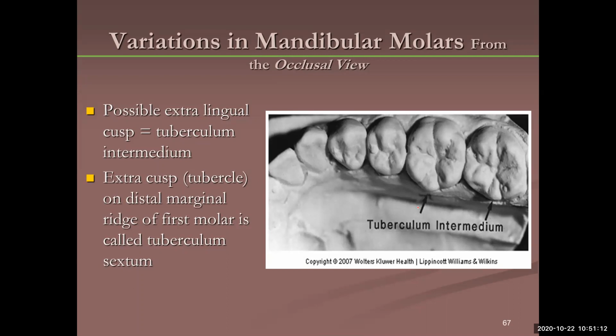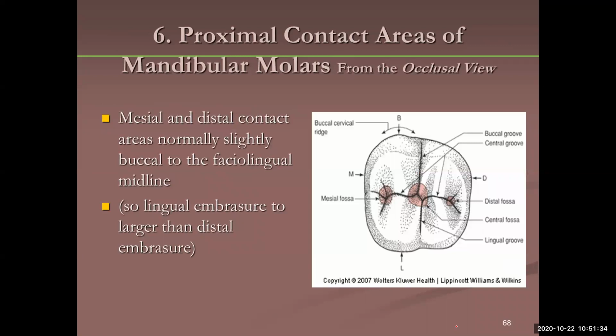You've got a tuberculum intermedium or a tuberculum sextum if it is on the distal marginal ridge. Intermedium is the middle tuberculum and sextum is the distal tuberculum if you need to label them. The lingual embrasures are generally larger.